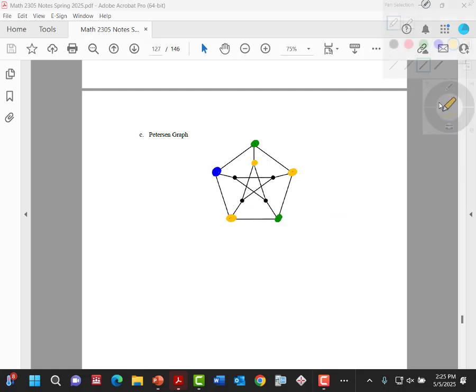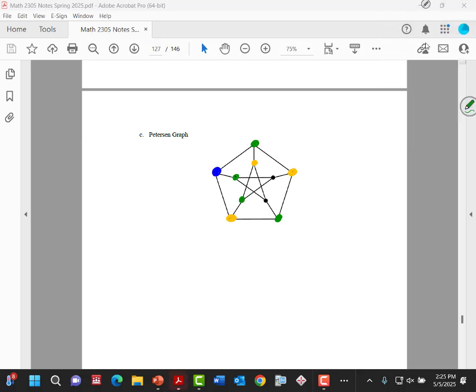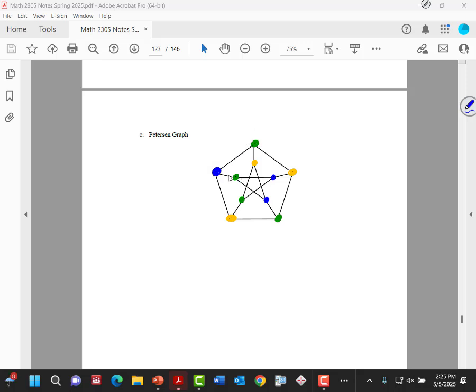So how about I color him, we'll say green, and then I'll color this one green, and then I'll color the remaining two blue. Now, let's take a look at this. If I look carefully, no two adjacent vertices are the same color.